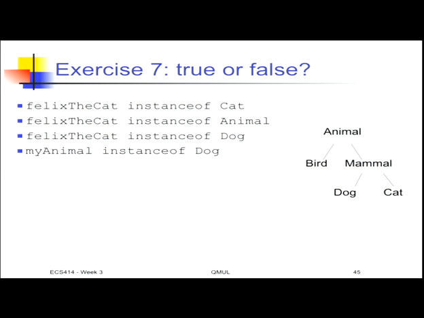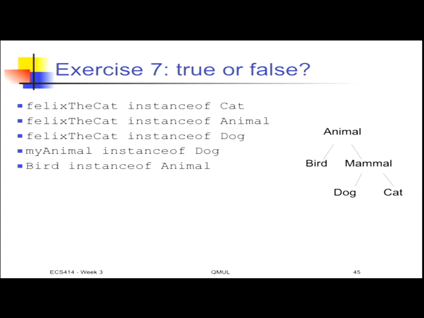My animal instanceof dog: say that my animal is of type animal, then yeah, dog is a subclass of animal, so my animal instanceof dog is fine.